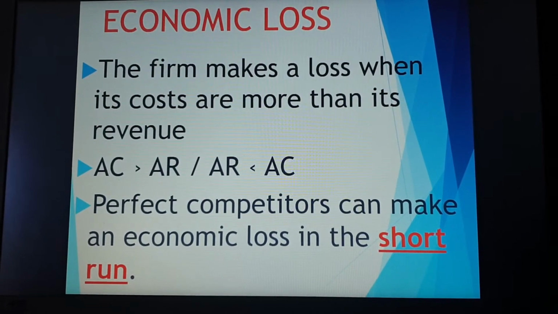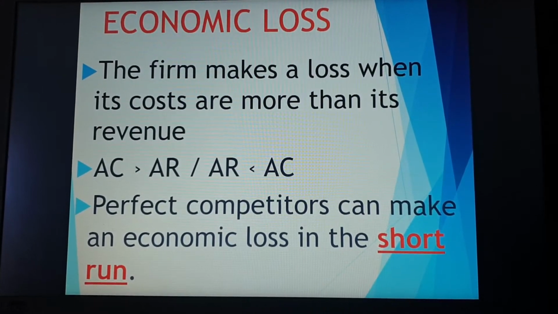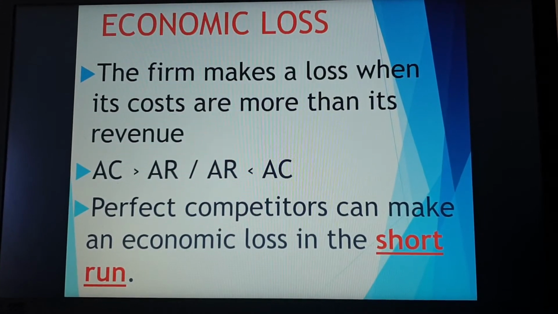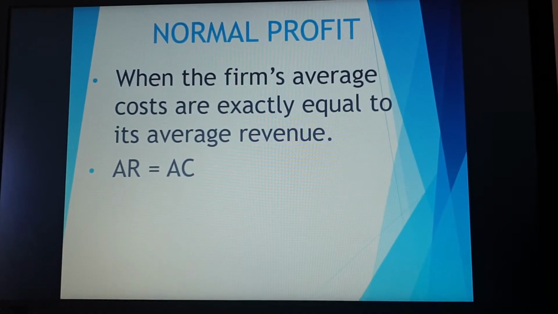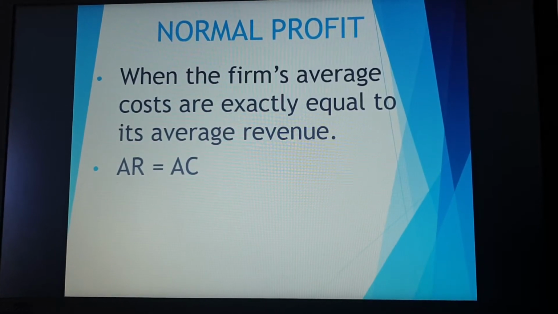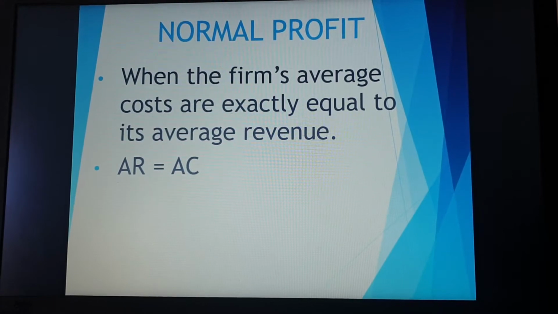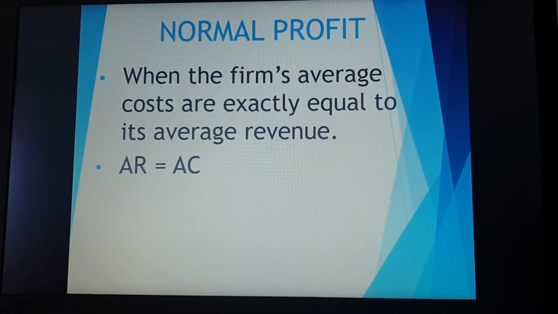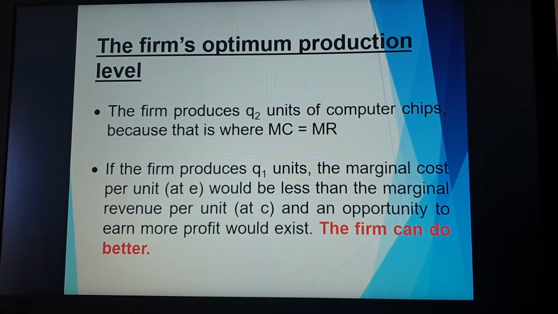So perfect competitors can either make an economic profit or an economic loss in the short run. The other one that we get is called a normal profit. Normal profit is when the firm's average costs are exactly equal to its average revenue, so AR equals AC.